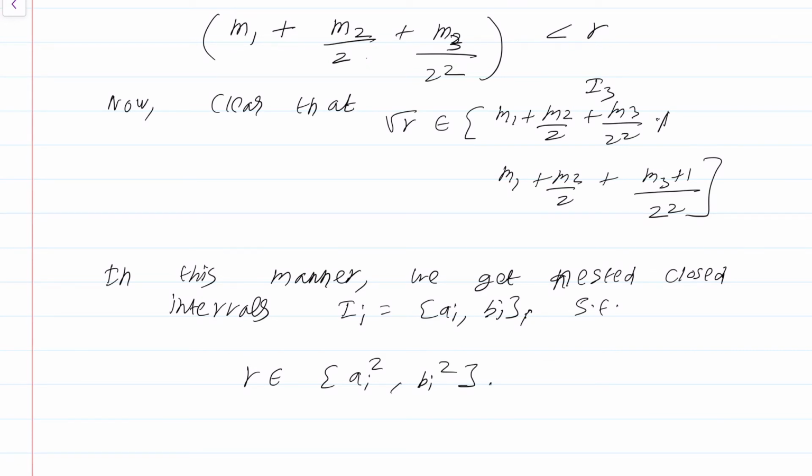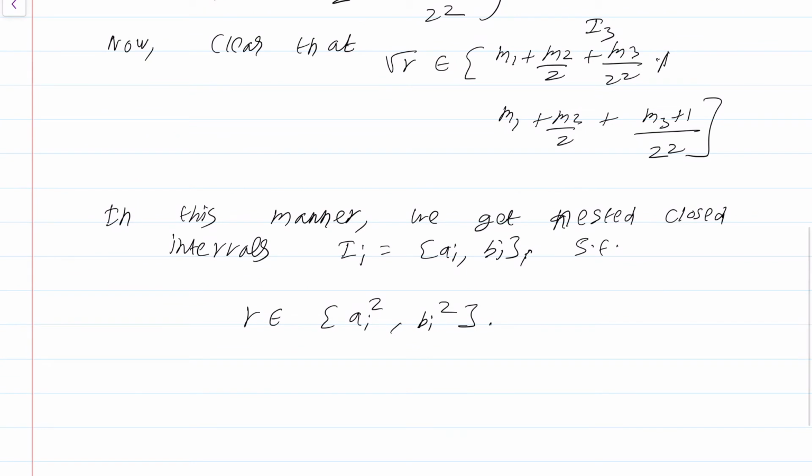That's the way these intervals are constructed. Fine. Now, key fact, check that |b_i - a_i| is less than 1/2^(i-1).